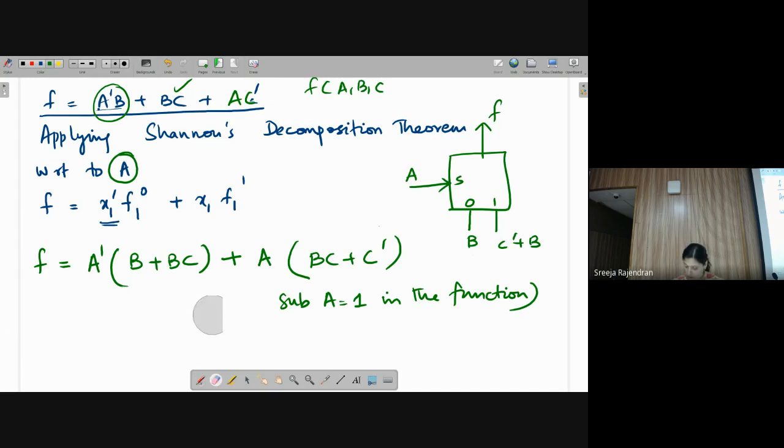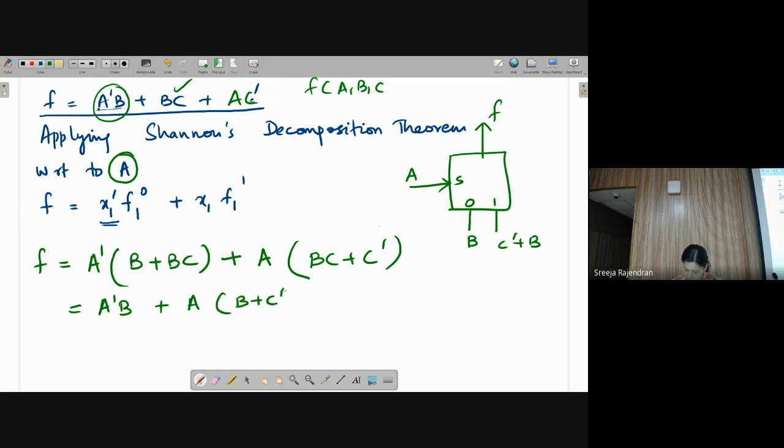Now, after getting this, you simplify using the Boolean laws that you know. You get A bar B plus A into B plus C bar. So this is same as using A as the select line. A becomes the select line. So I drew it as a multiplexer. Now that part is done.